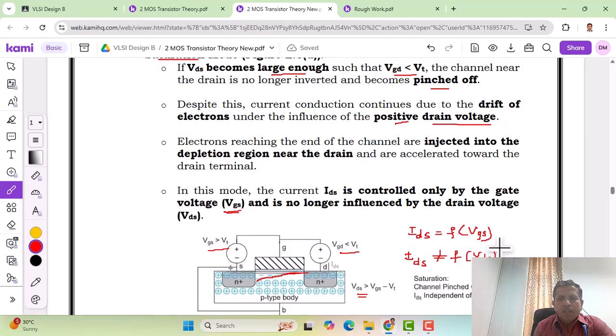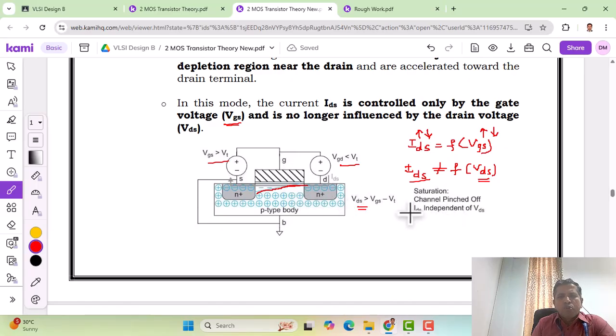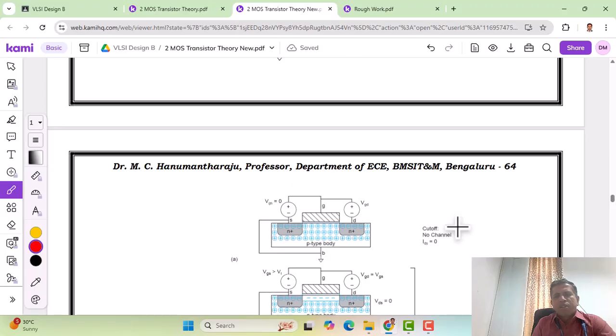That means any increase or decrease in VGS can change the drain source current, but any variation in VDS doesn't have any impact on the drain source current here. So in this mode, what we have observed is the channel has been pinched off, and IDS is now independent of drain source voltage. That is the fourth mode of operation.